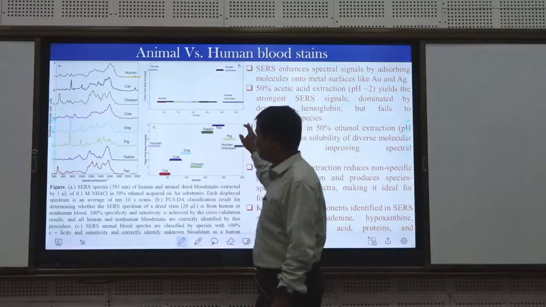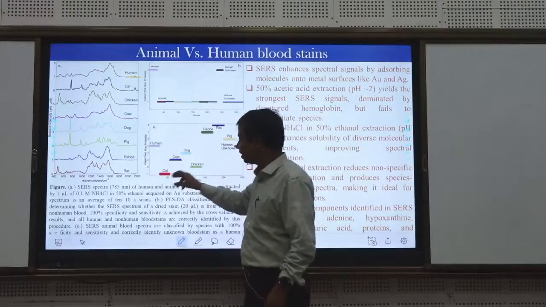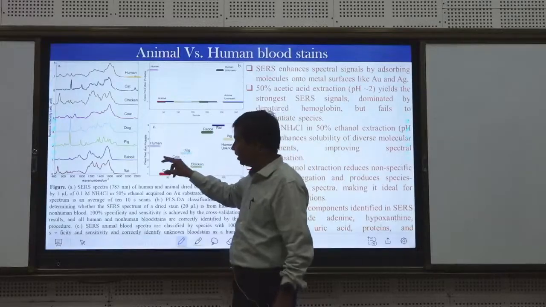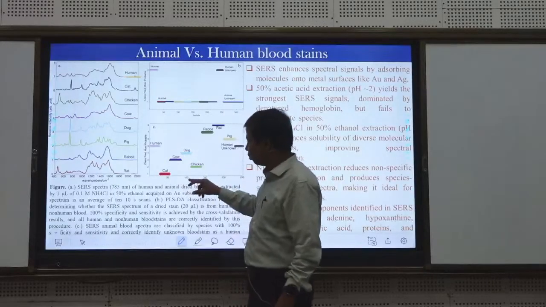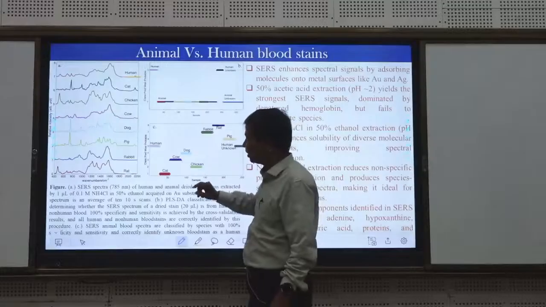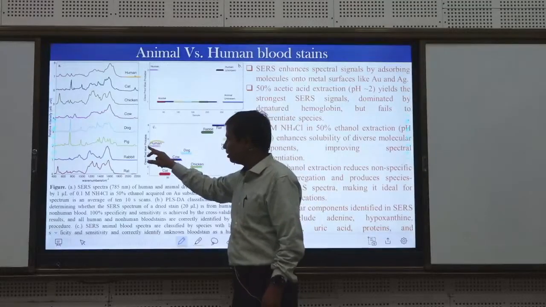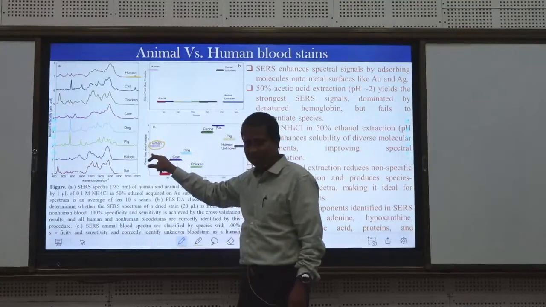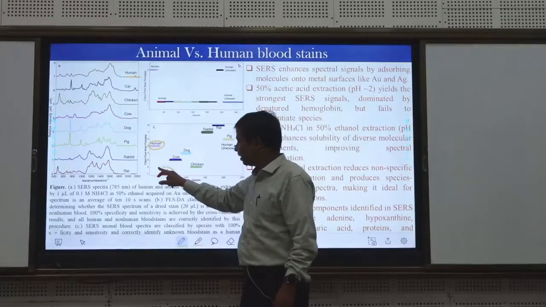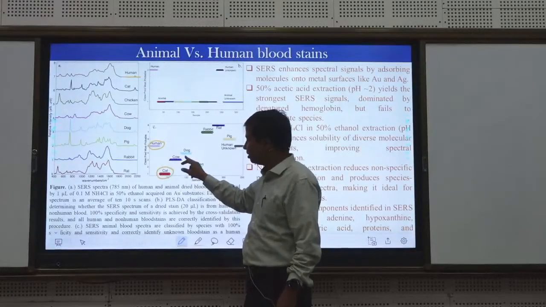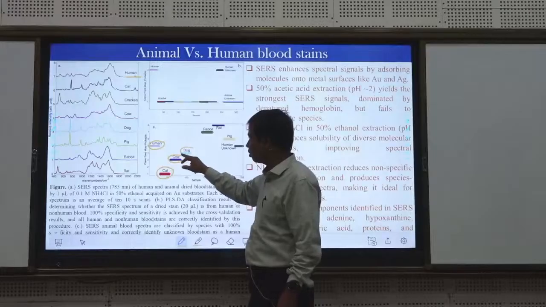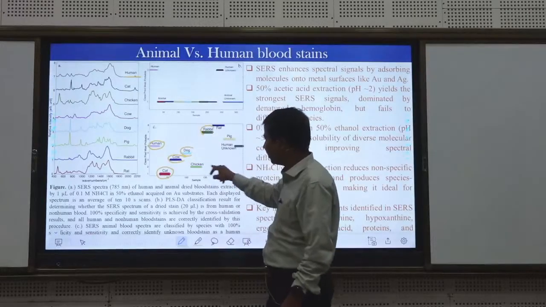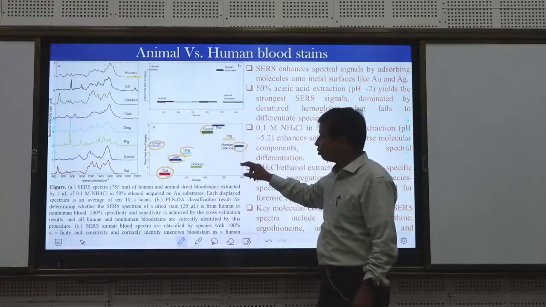The important thing is that they have made this table in which groups are created, and this shows, based on this Raman spectroscopic data, that human blood should be clubbed in this region, cat blood in this region, cow, dog, rabbit, rat, and many things, and unknown.